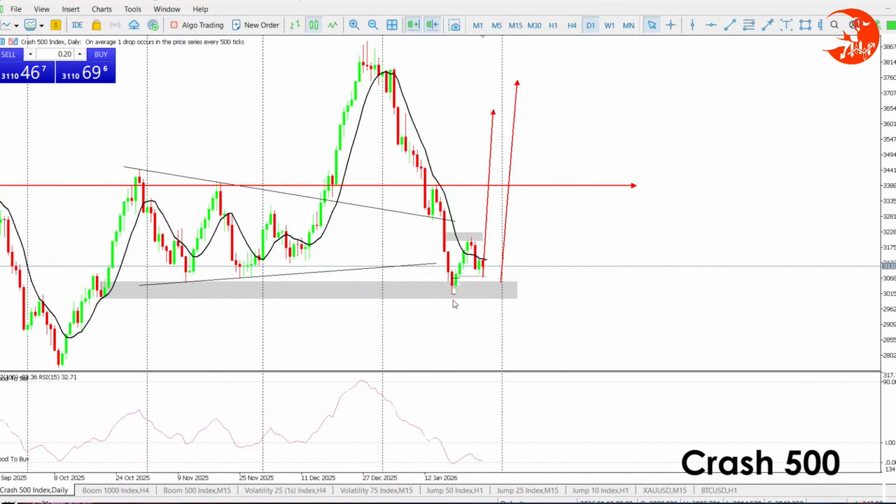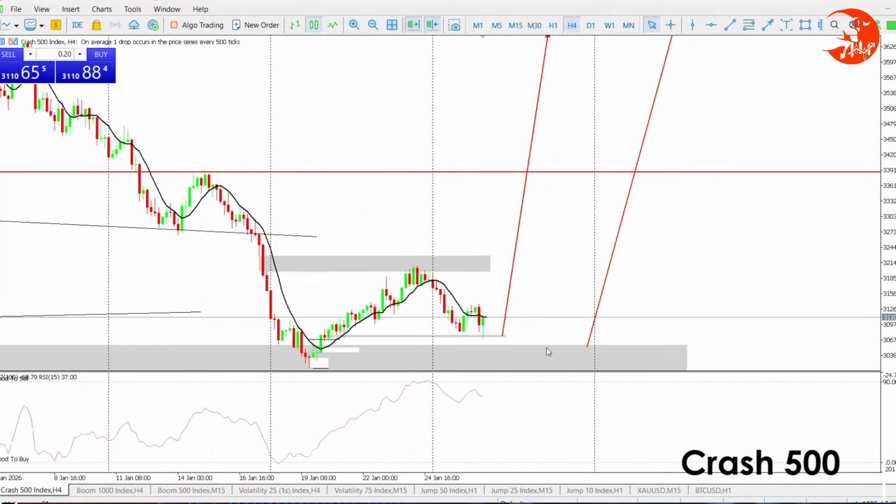Price failed to break this support, so it went into buys. Now it has retested. Now it should be getting enough momentum to actually continue with buys from probably today. We don't know. We'll see about that, because yesterday's candle closed with a big rejection, as you can see there.